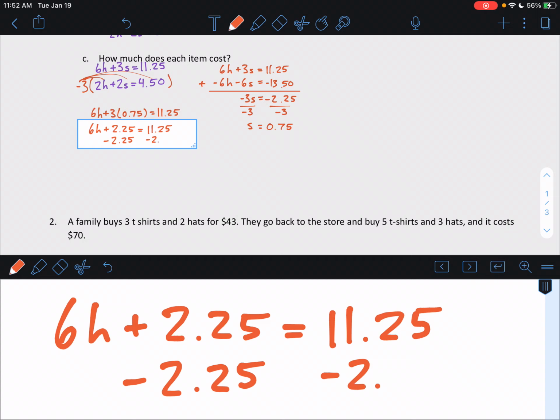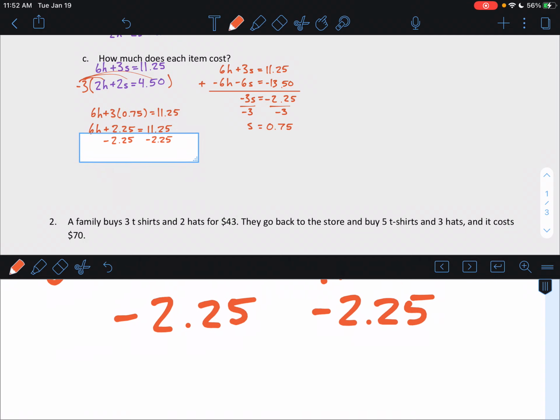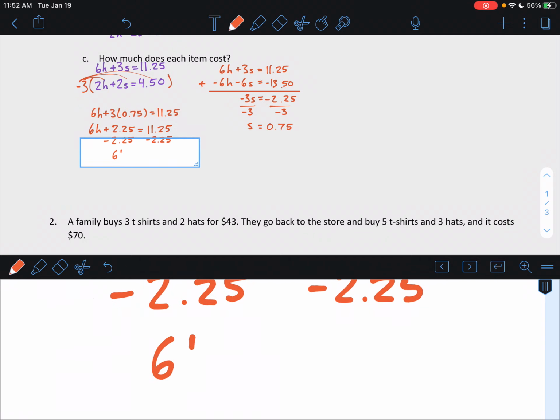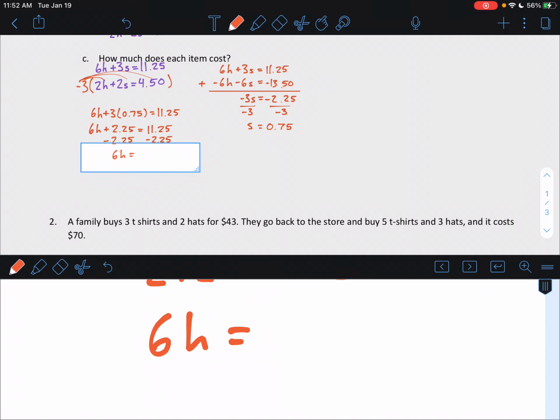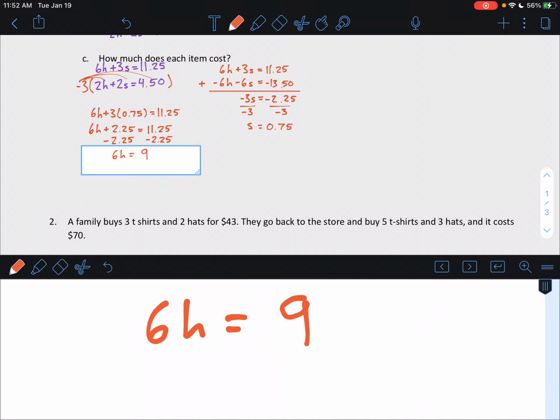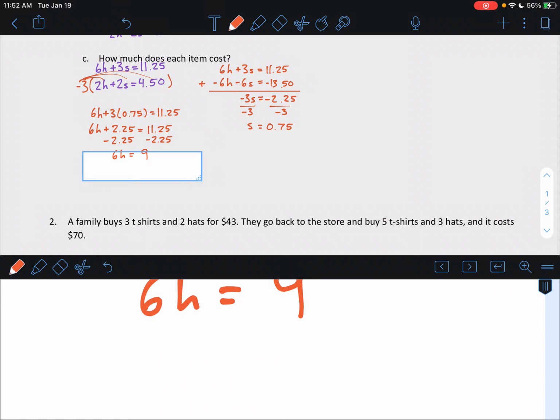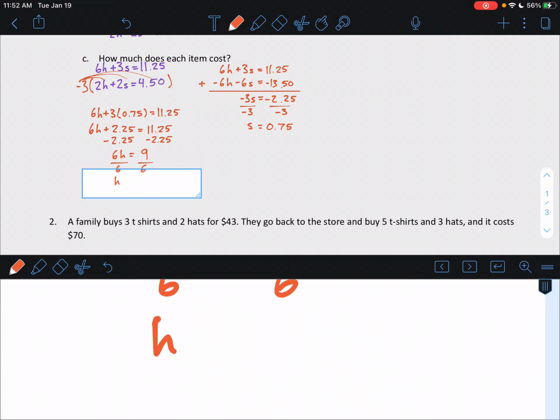Subtract 2.25 from both sides, and I get 6H equals, something just fell off my wall, that's great, 6H equals 9. Divide both sides by 6, and we get H equals 1.5. I'll say 1.50, because we are talking about a cost here.